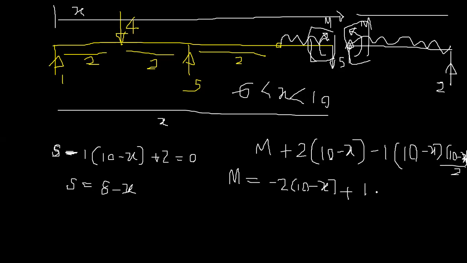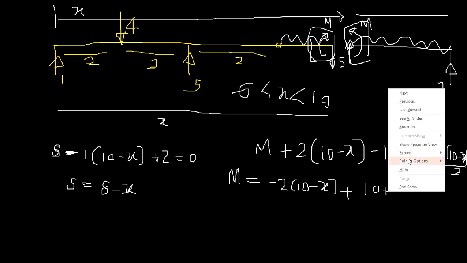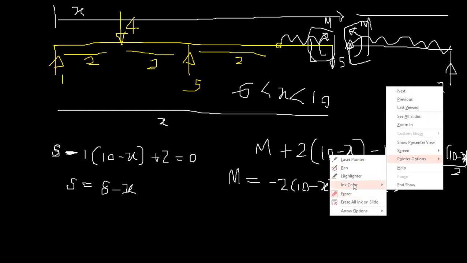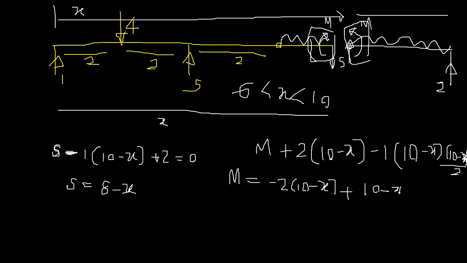Plus, so this is the total load. This is the lever arm, that is also 10 minus X over 2, since that is a uniform rectangular load, whatever acting there will be L over 2.